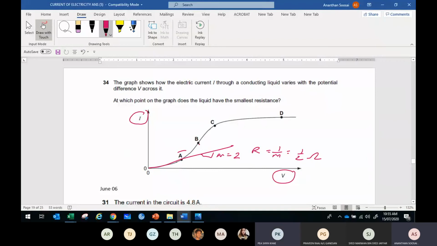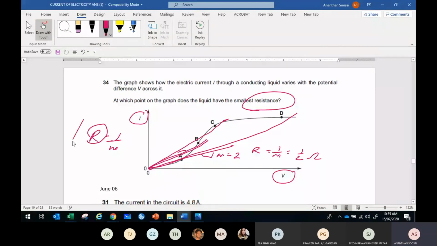So what will the resistance of B be? You draw a line from the origin to B, and draw the line for C and for D. Use your ruler, I can't draw nicely. The resistance is 1 over the gradient. The question asks for the smallest resistance.